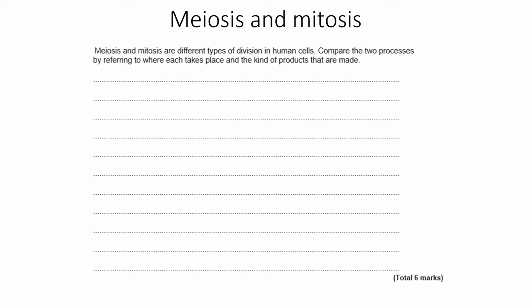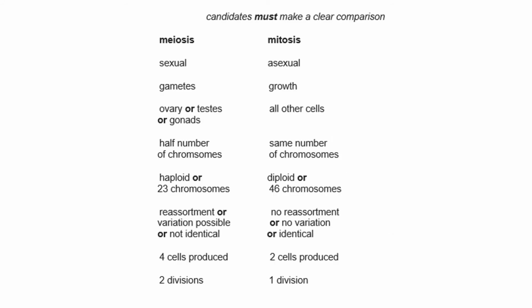Compare the 2 processes by referring to where each takes place and the kind of products that are made. So 6 marks. Pause the video and try to answer this question. Here is the answer for you. Check yourself now.